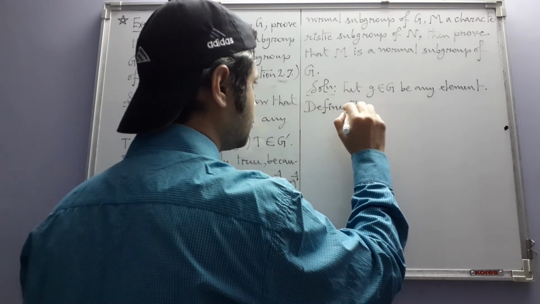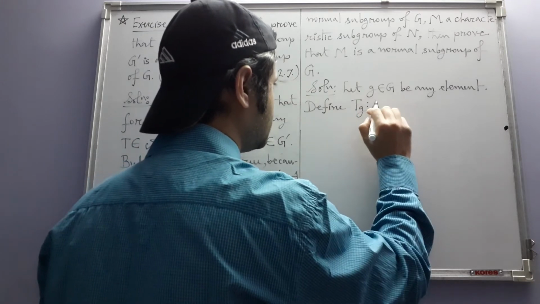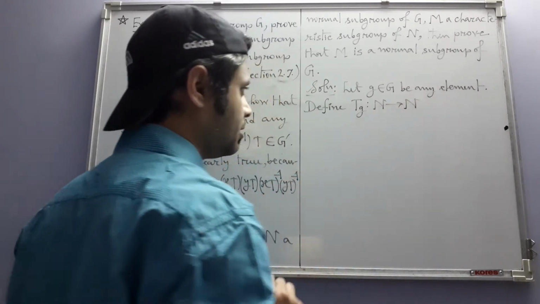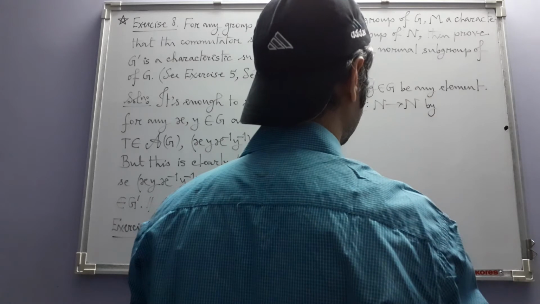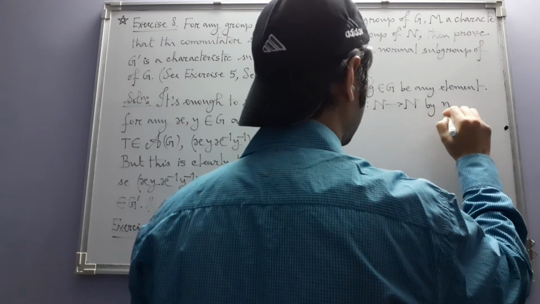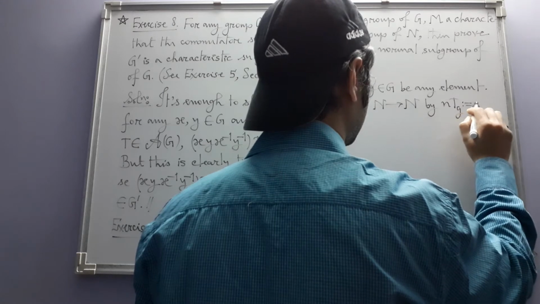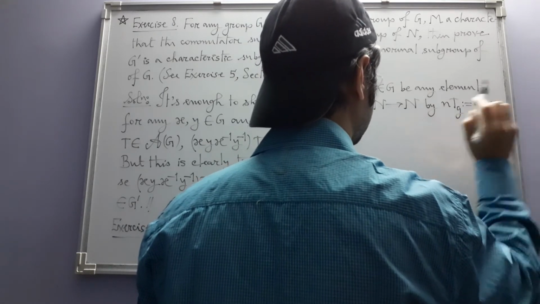Define Tg, a mapping from N into itself by this formula: n Tg is g inverse n g.